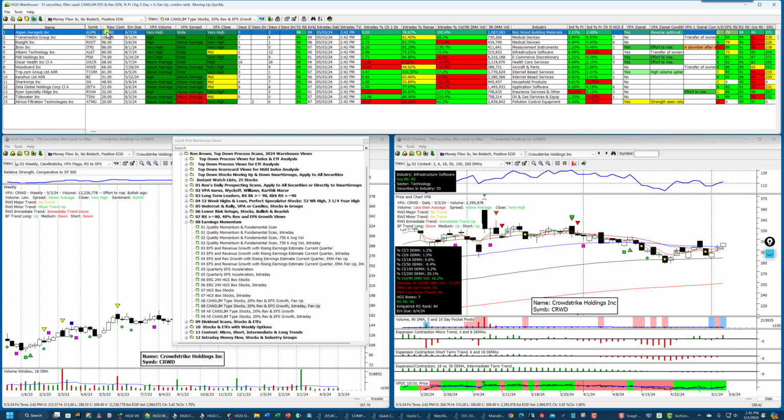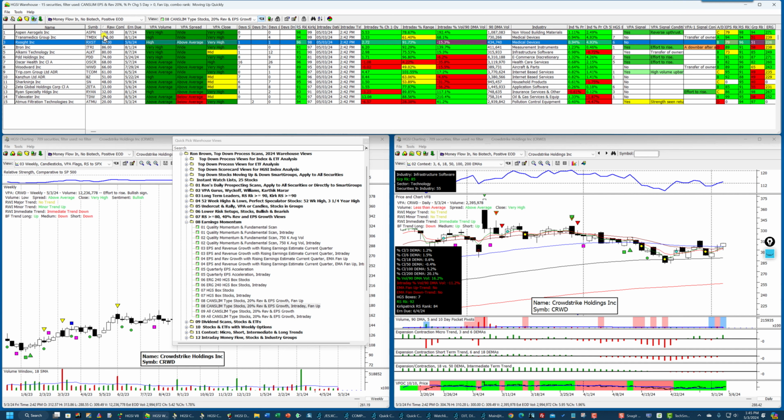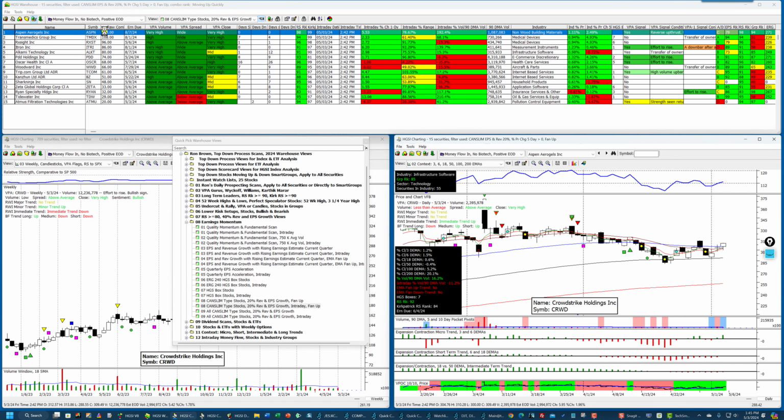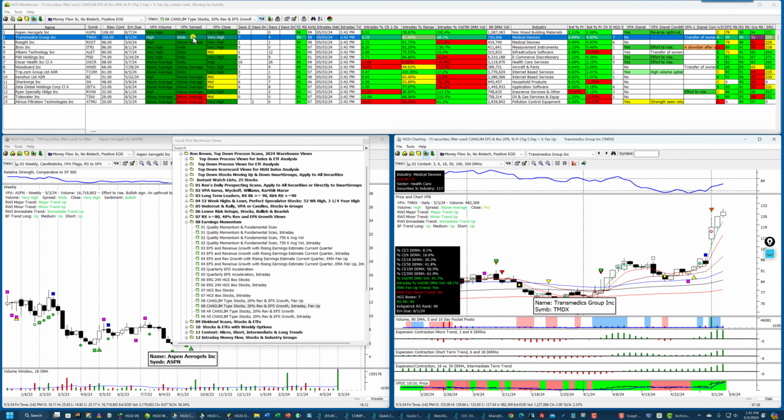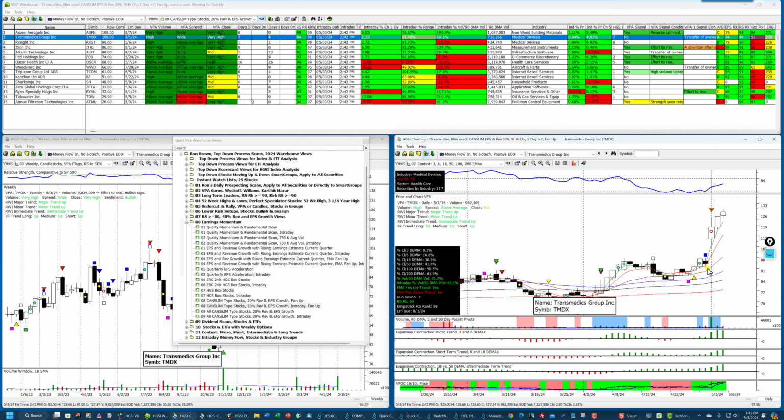Well, here's ASPN, Transmedics, RXSight. Huge gap up yesterday on that one. This one crossed over back here, right here. You can see that test, confirmation of that test, and a move up.